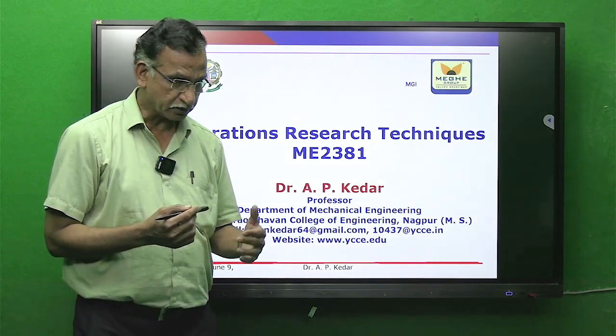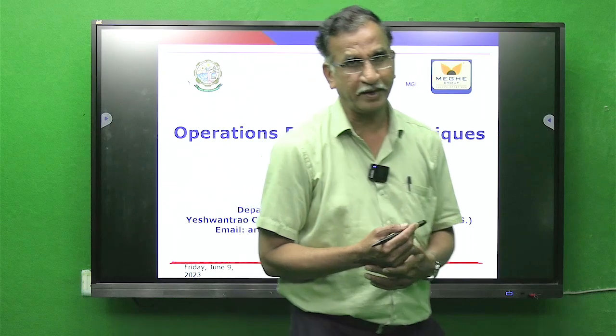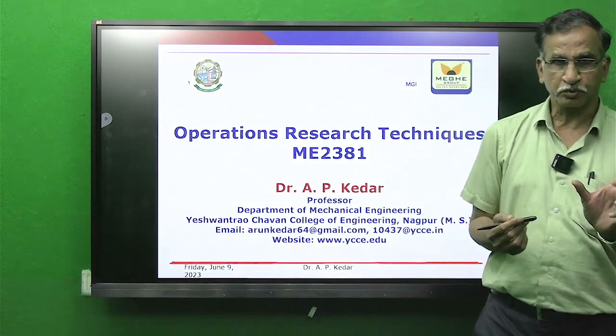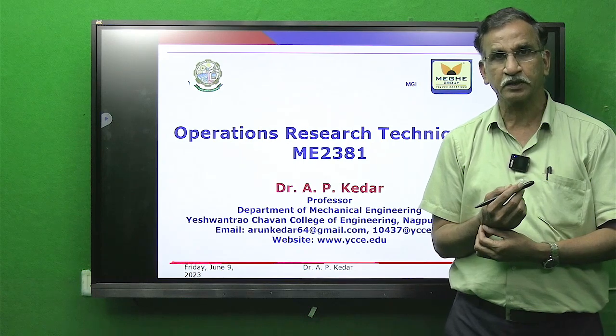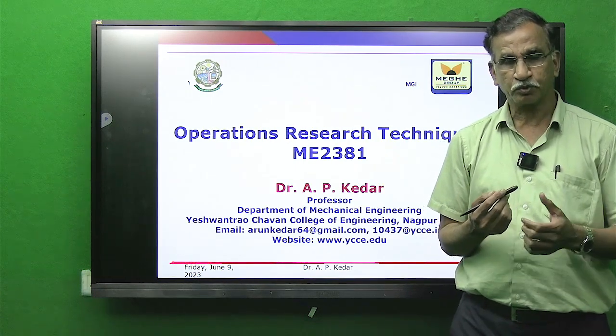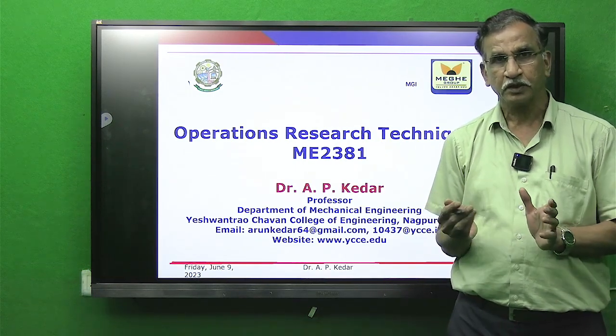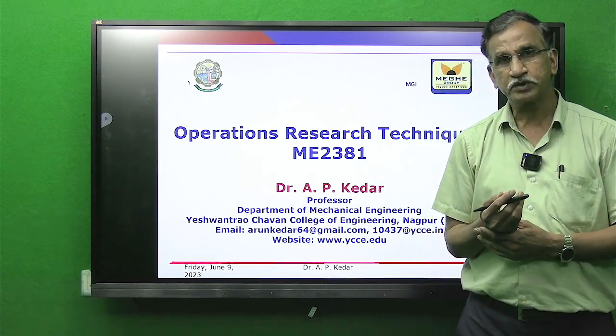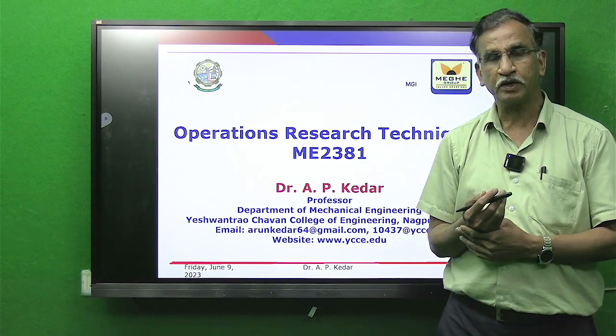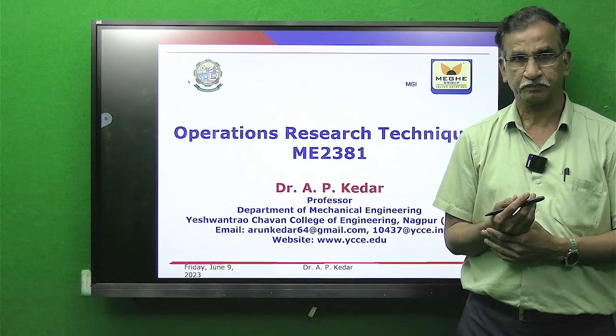So as the name implies, project management comprises of 2 words. One is project and another is management. Project itself is something which comprises of several activities which are to be executed in well predefined order.